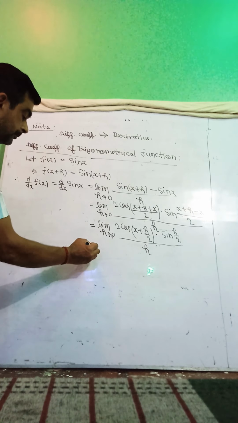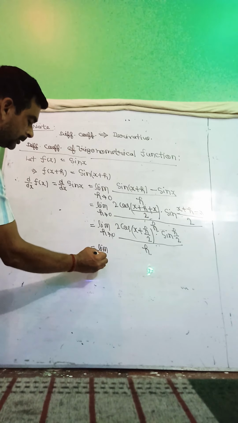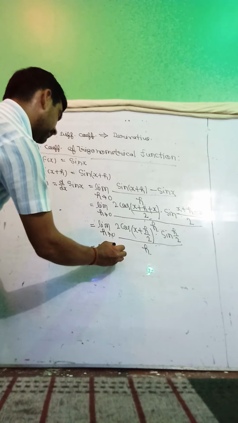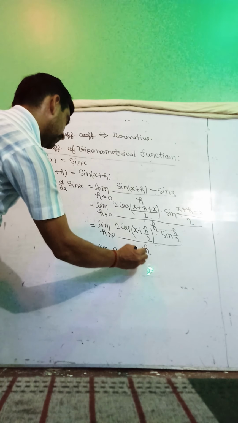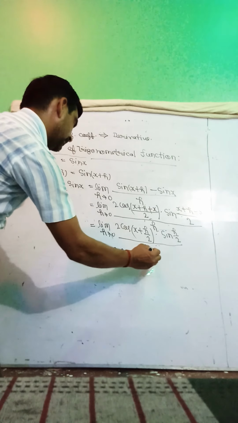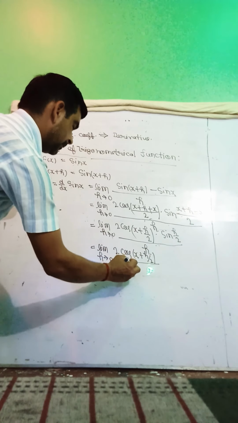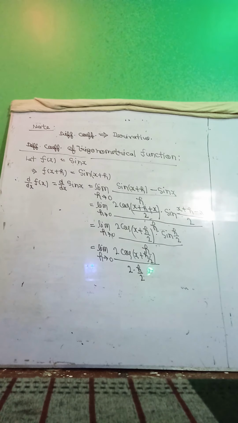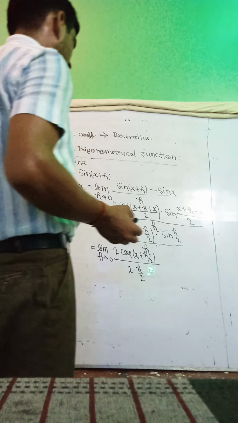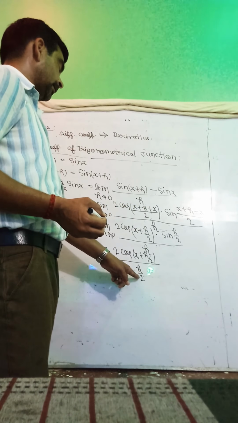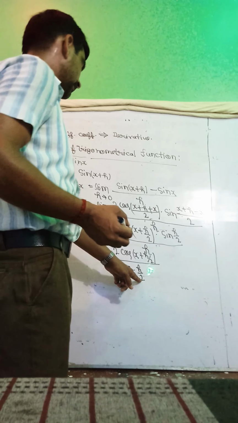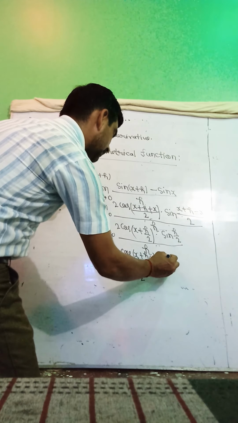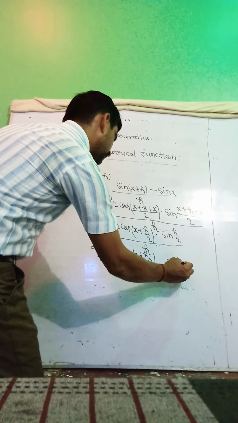is equal to limit h tends to 0, 2 cos(x+h/2) sin(h/2) divided by 2 into h/2.